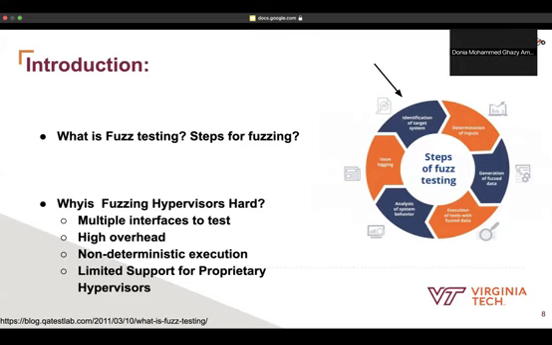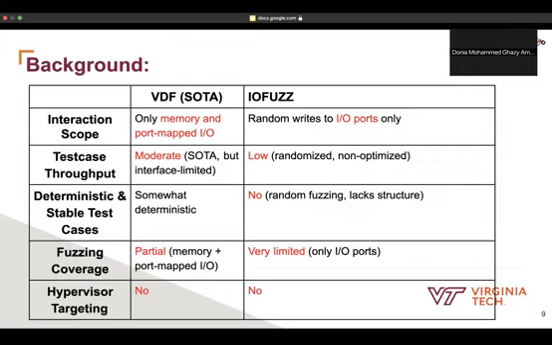We already covered this question, so let us look into the existing hypervisor fuzzers. We have two hypervisor fuzzers: VDF, which is basically the state of the art, and IOFuzz. VDF interacts only with memory and port-mapped input output ports, which makes it low dimensional fuzzing.